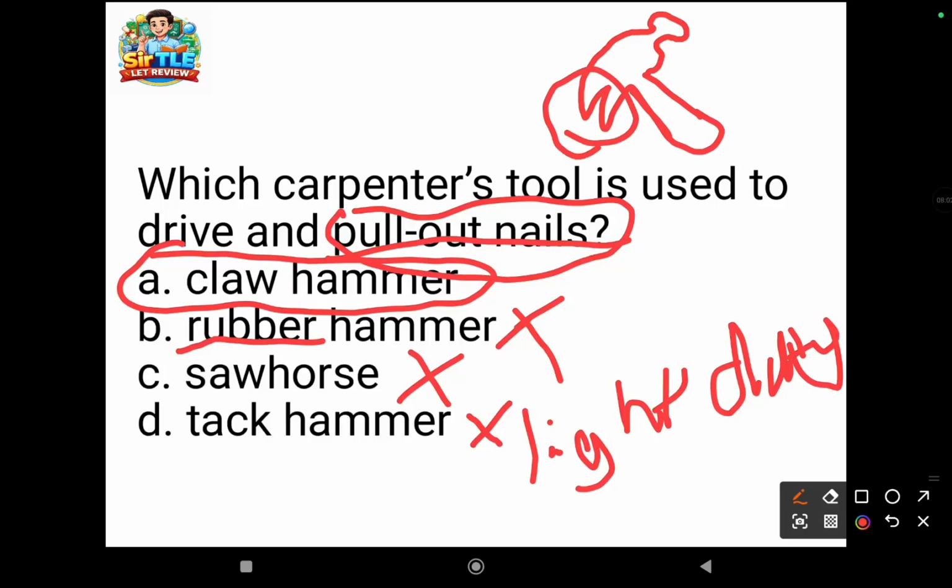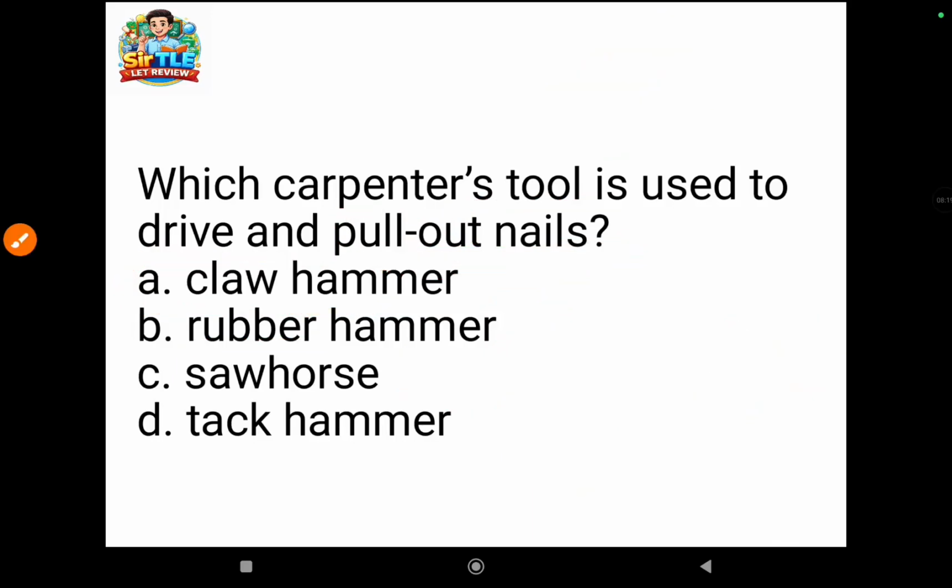A claw hammer is specifically designed to drive nails into wood using the flat face and pull out nails using its curved claw. So the answer for this question is letter A, claw hammer.